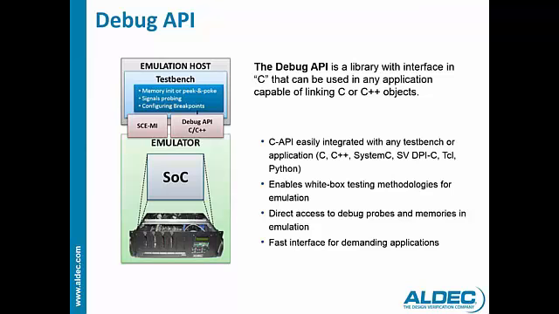So in essence, the test bench can be used instead of the hardware debugger. And the API provides access to all the debugging features, so it's very convenient for creating self-checking test environments or regressions.